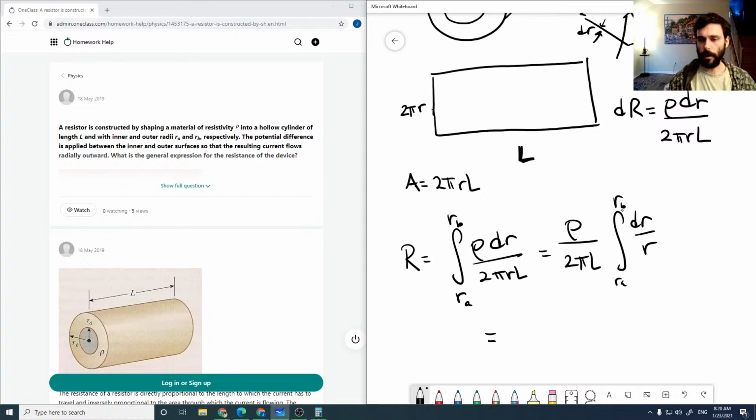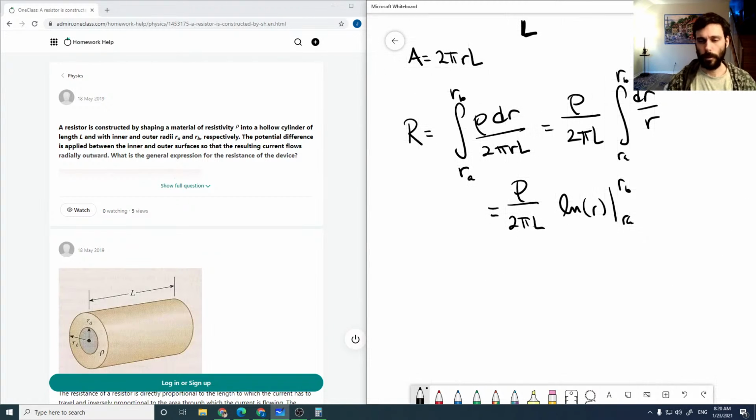The integral of 1 over r is ln, from RA to RB, which is rho over 2 pi L times ln RB minus ln RA.